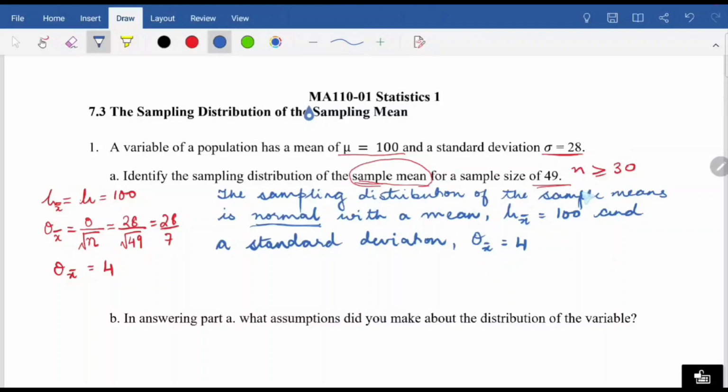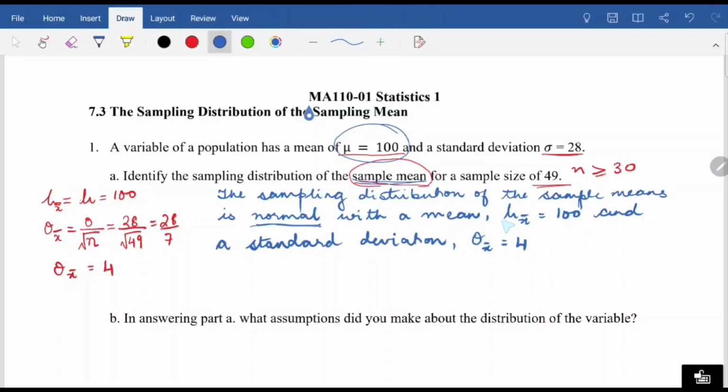So this is the correct way of phrasing the answer. Again, you should say mean with mu sub x bar. Do not just write mu equals 100, because the question is about the distribution of the sample means, not the population mean.